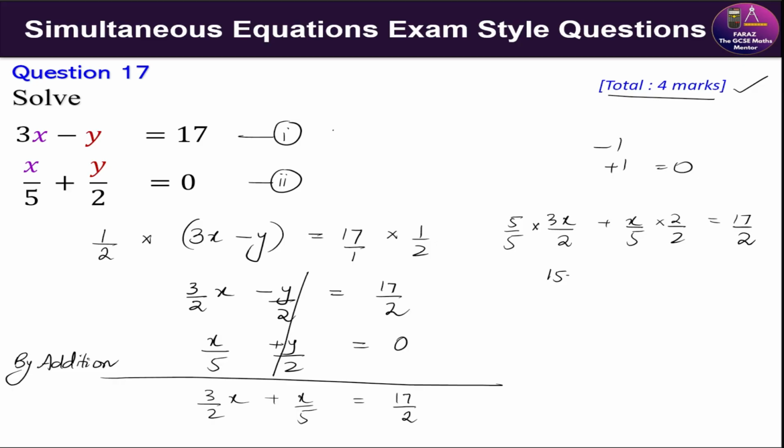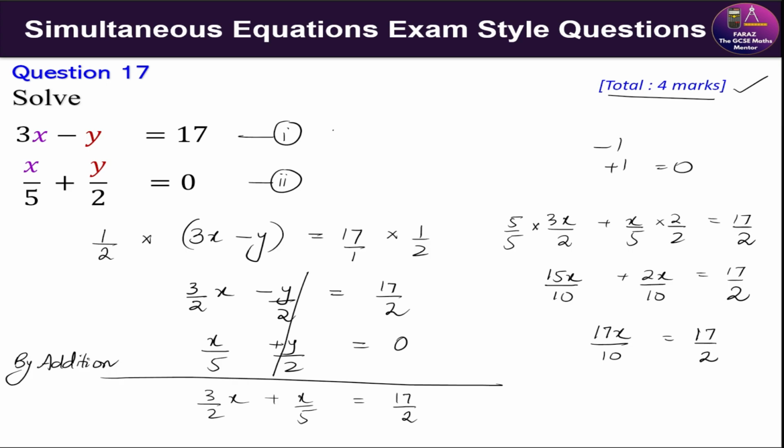So therefore we will have 15x over 10 plus 2x over 10 equals 17 over 2. And then when the denominators are same, you can just simply add the numerators. So 17x over 10 equals 17 over 2.